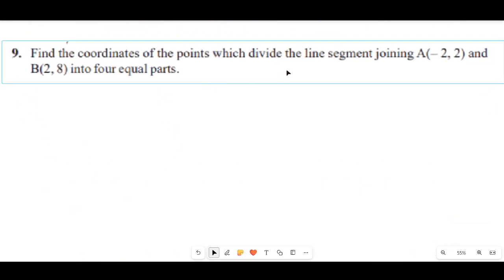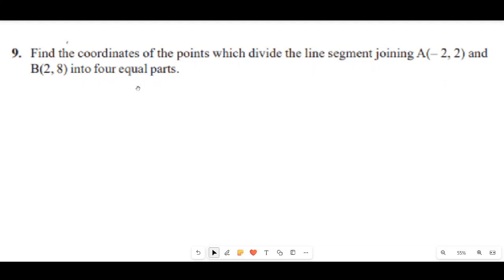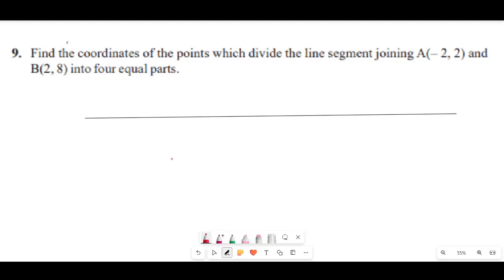Find the coordinates of the points which divide the line segment joining A (-2, 2) and B (2, 8) into 4 equal parts. So don't worry, first we should draw a line. Clear? Now how we divide it, that is the most important point.